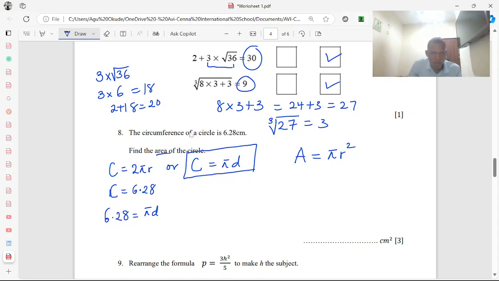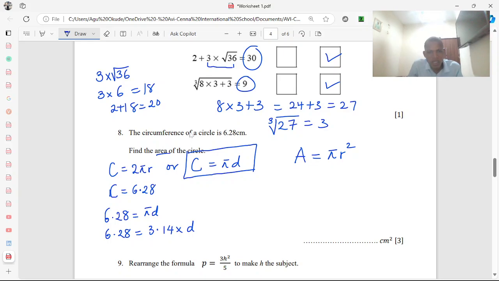So because my circumference is 6.28, I put 6.28 on the left hand side is equal to pi d, right? Now the value of pi is 3.14, times diameter d. Don't forget the value of pi is 3.14.